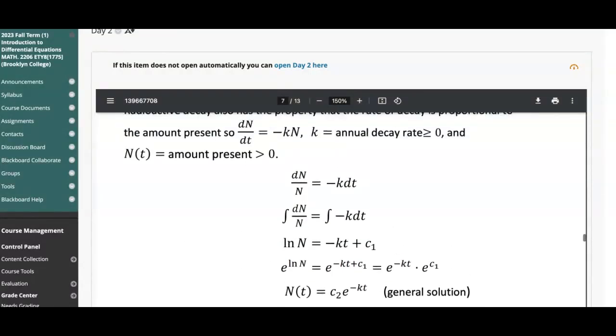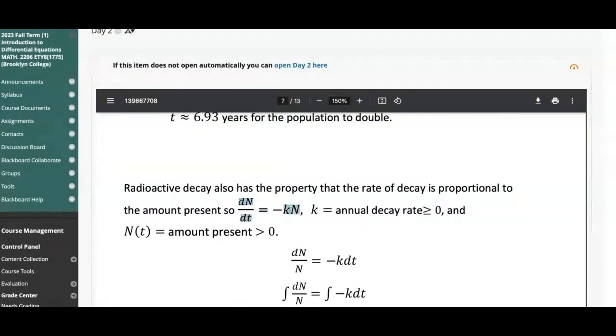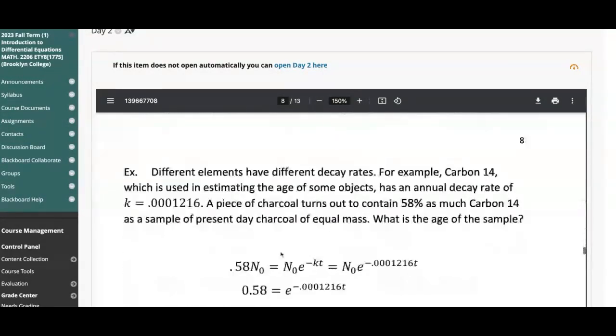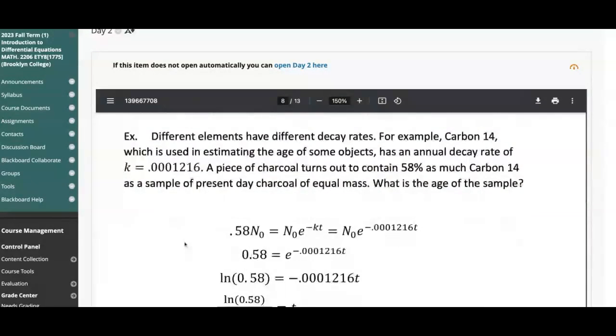For radioactive decay, we have dN over dt equals negative KN. Let's see an example. Different elements have different decay rates. For example, carbon-14, which is used in estimating the age of some objects, has an annual decay rate K equal to this.